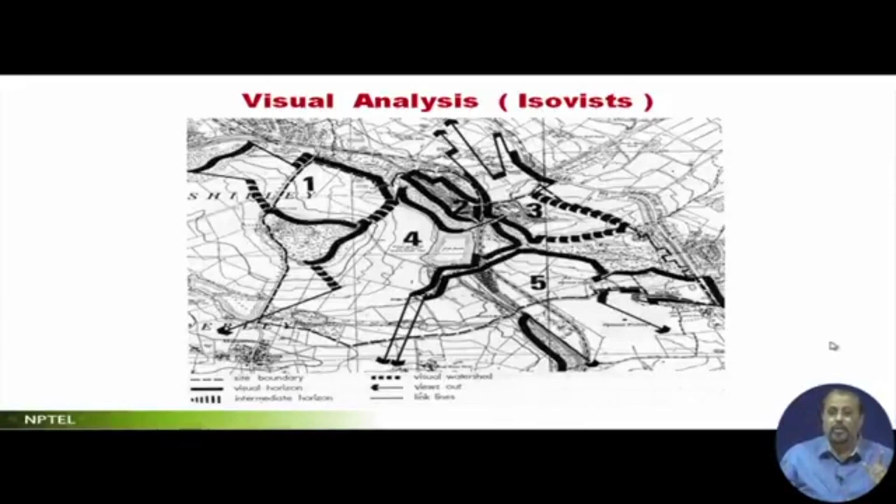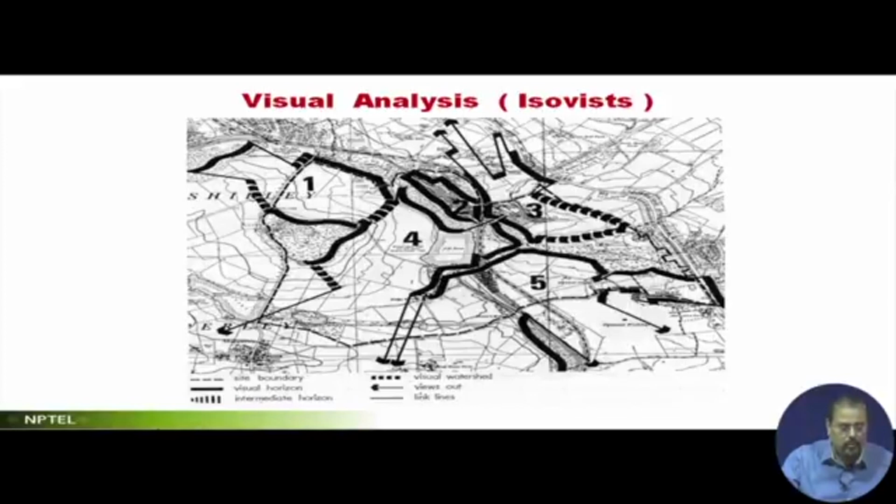For understanding this particular diagram, always try to visualize any hill station that you have visited. If you have walked along the edges of the contours, try to retrieve that experience and then look at this drawing. But there are certain things which have to be recorded. What? Can you see there is a thick line like this?